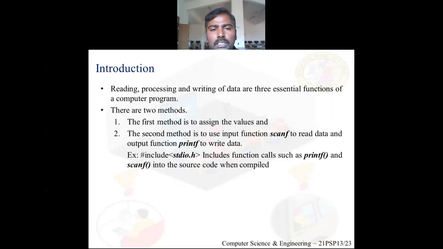This is the third function. So in general, there are three functions: reading, that is the program accepting a user input; the second task, processing; and the third task, writing, displaying the output on the screen.